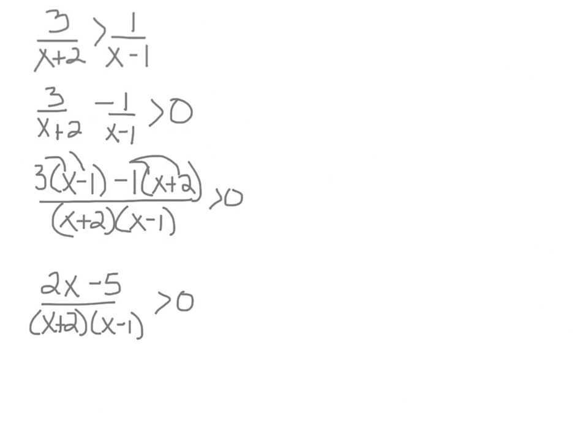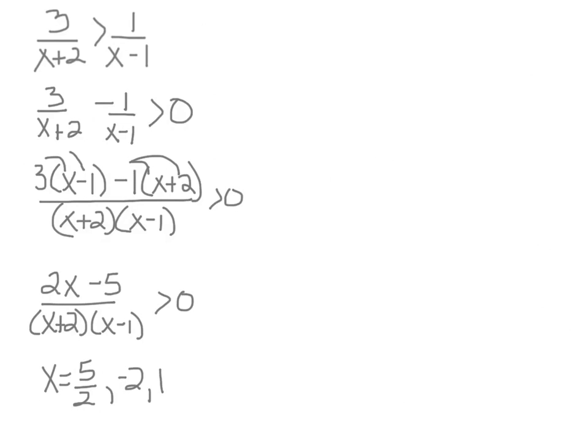Now that we've simplified our fraction, we need to find our critical x values. Remember, those are going to be the zeros of the numerator and the zeros of the denominator. If we set the numerator equal to 0, we'd get 5/2. If we set the denominator equal to 0, we would get -2 and +1.